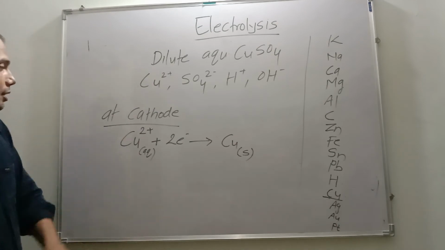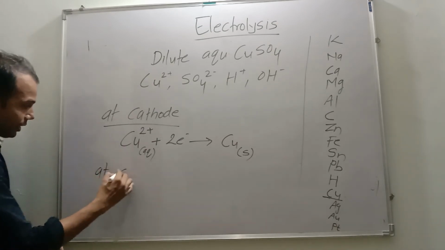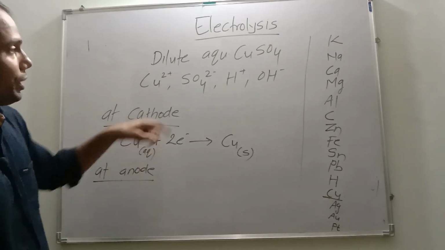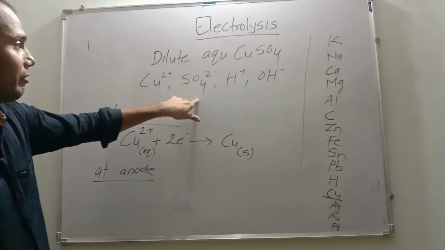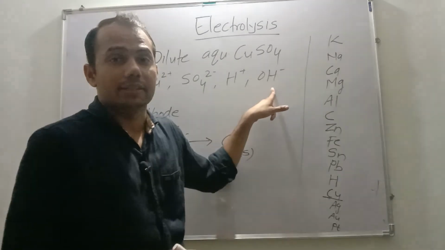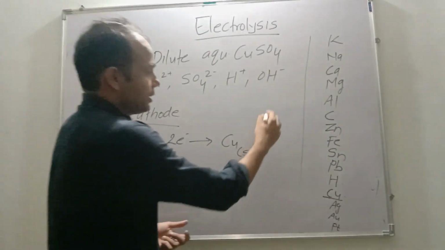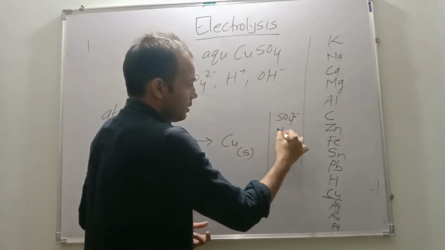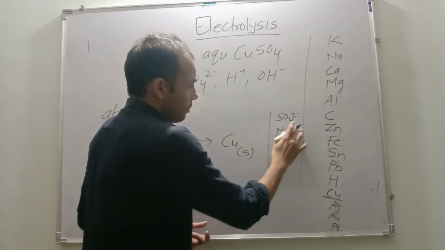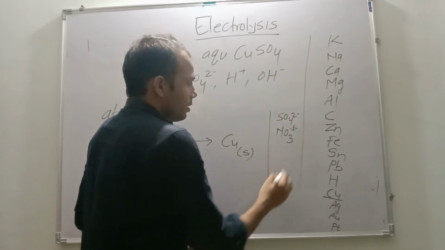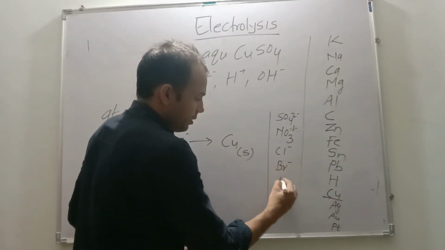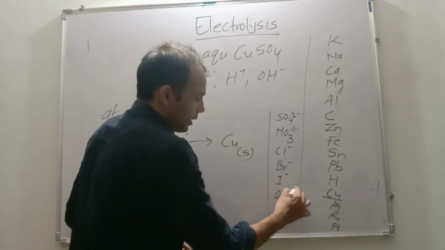Now what is going to happen at anode? In case of anode we have two anions, one is sulfate, another is OH minus. Again you look at the series: sulfate 2 minus, nitrate minus 1, and after that chloride, bromide, iodide and hydroxide.